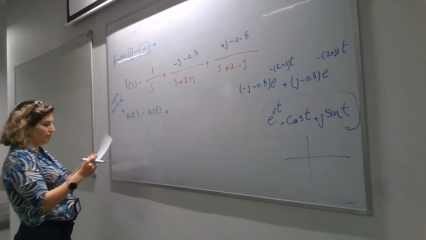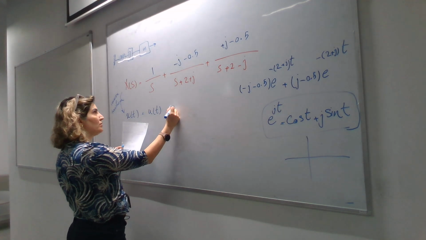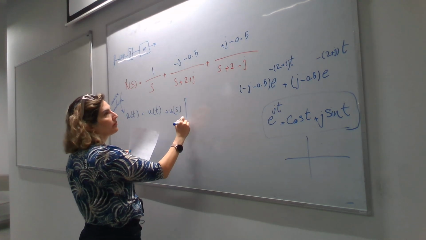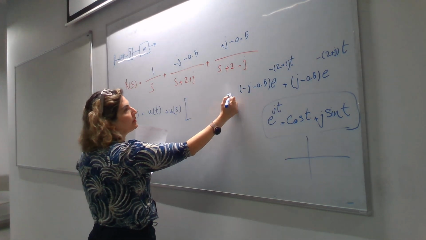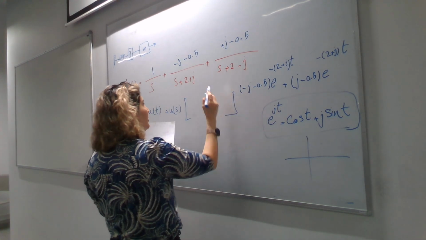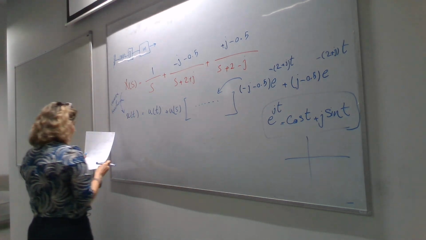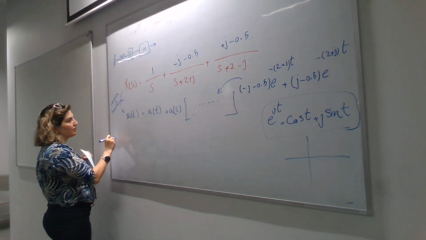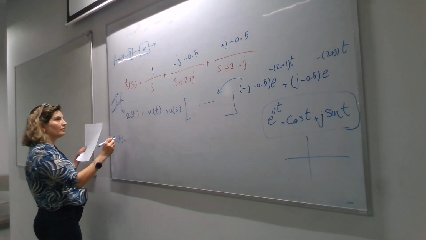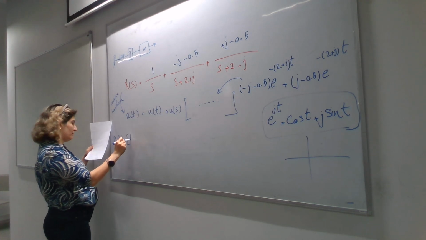Now, if I write this here, it's going to be u(t), so that's going to come here, and then I can rewrite that, and I also factorize.